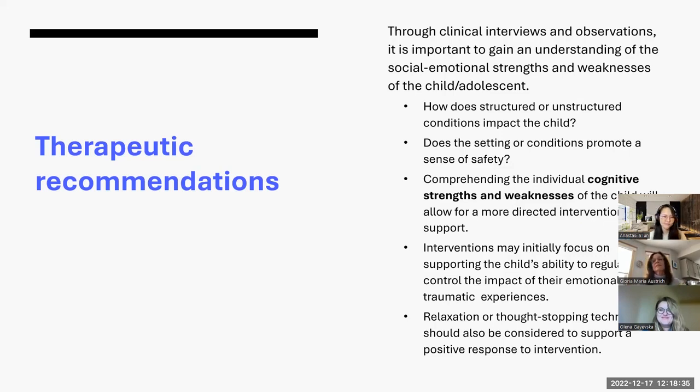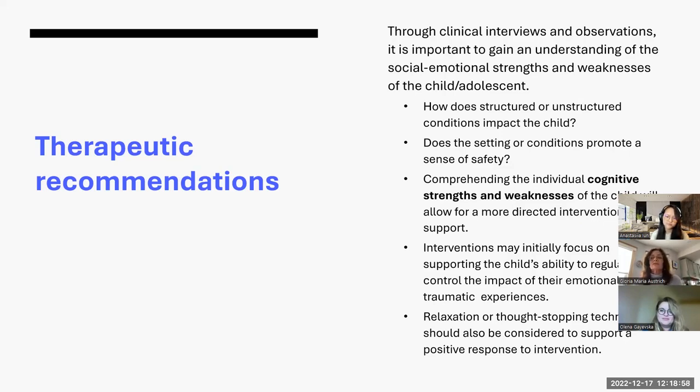Comprehending the individual cognitive strengths and weaknesses of the child gives you a good sense of where they are strong and where they have weaknesses. You want to develop an intervention that taps into those strengths to support the weaknesses. So knowing the strengths, not just the weaknesses, is really important.